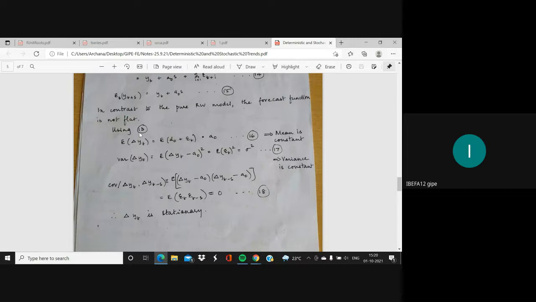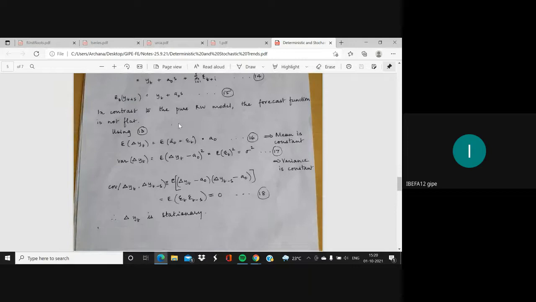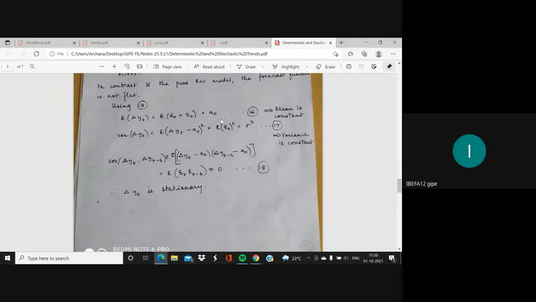Now using equation 13, if you look at equation 13 itself, you can see that if you take the first difference of a random walk with drift, then you will find that the mean is constant, it's equal to A naught. Then the variance will also be constant. Now if you look at the covariance, since here you get ET, and this will be ET minus S, the covariance is equal to 0.